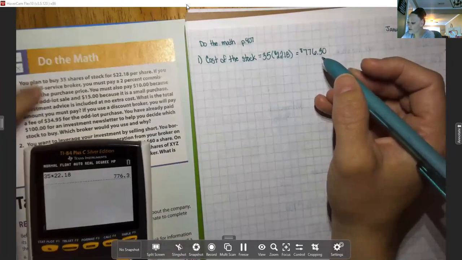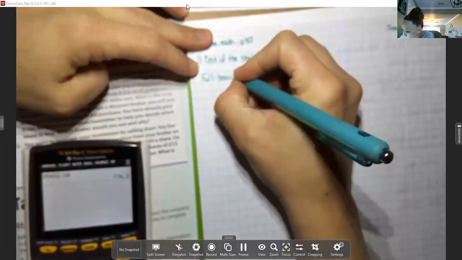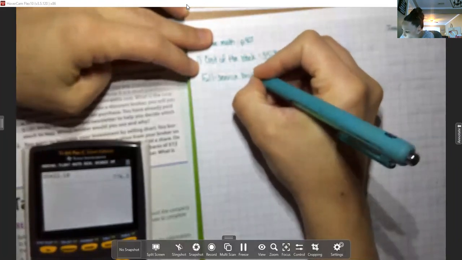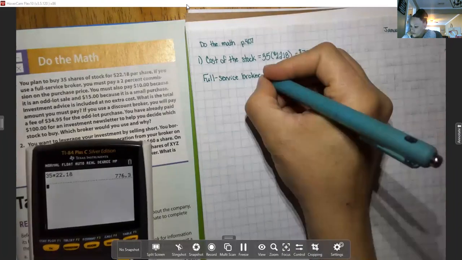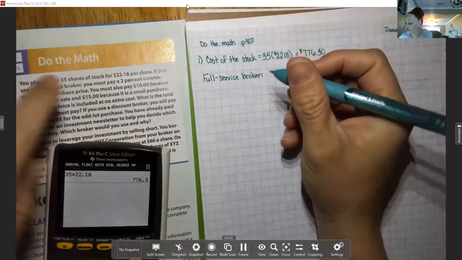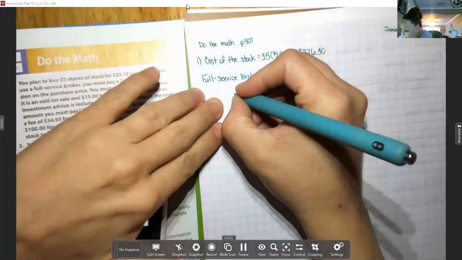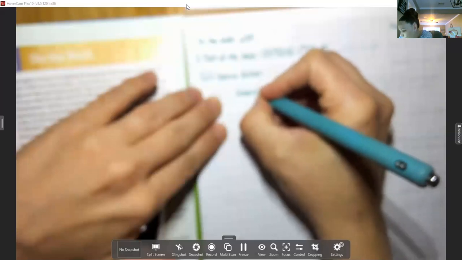All right, if you use a full service broker, we're going to break this apart here. The cost of the stock doesn't change no matter what broker you use. So for the full service broker, you pay 2% commission on the purchase price. That's money you're paying them.